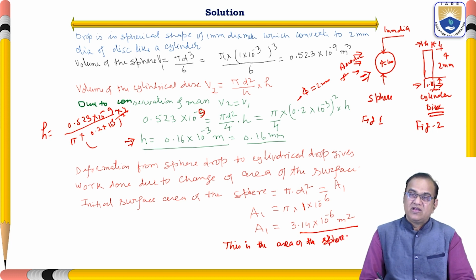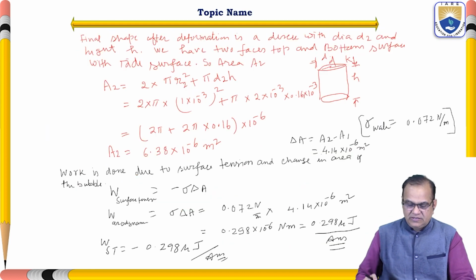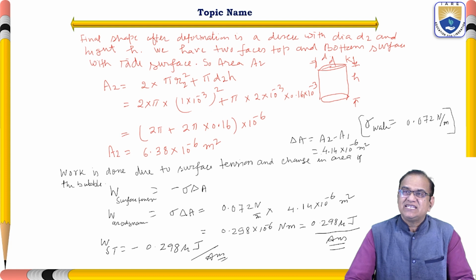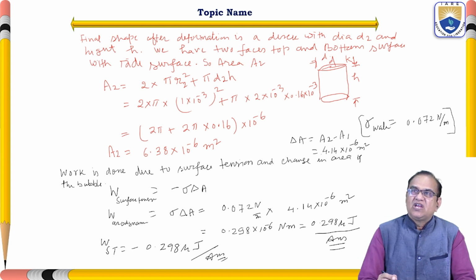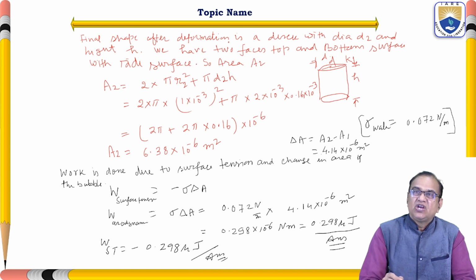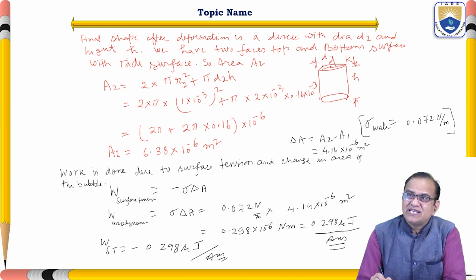Now we have to find the final shape after deformation, which is a disc with a diameter of d2 and the height h. We have two faces, top and bottom. So here you can see this is one face, and here is also one face.